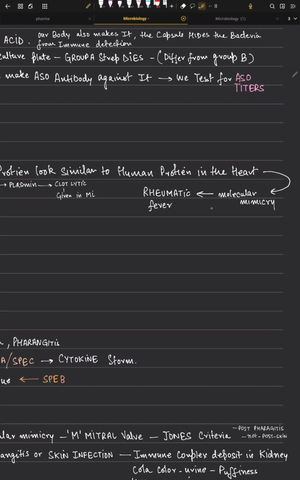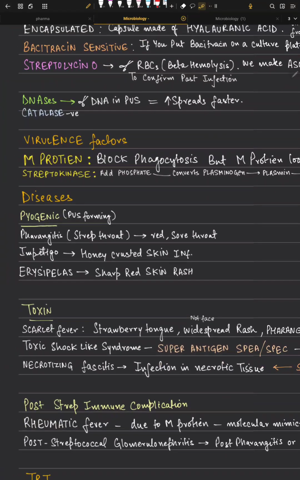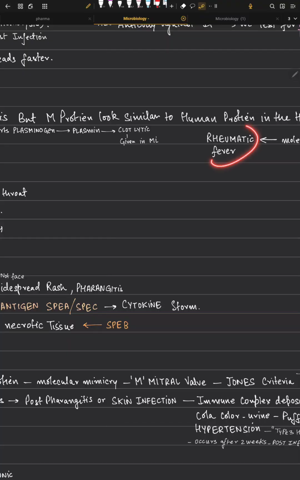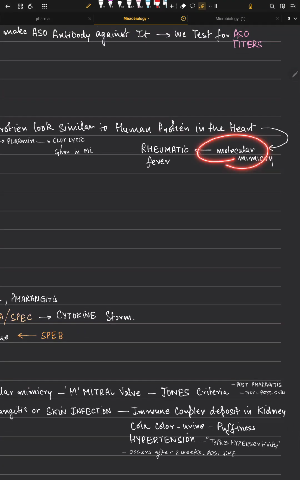It mimics our cells in the heart. So it does something called molecular mimicry, and it leads to rheumatic fever. So this M protein is responsible for being anti-phagocytic, and for rheumatic fever and molecular mimicry. I hope you understand it.